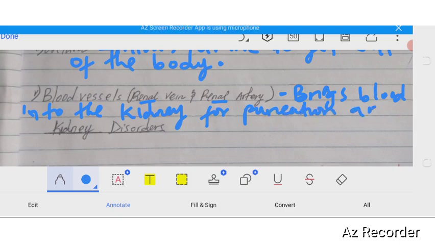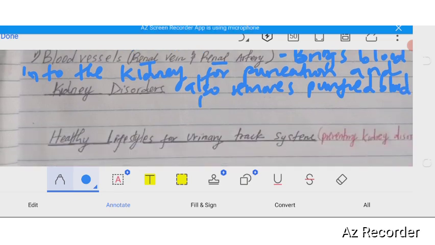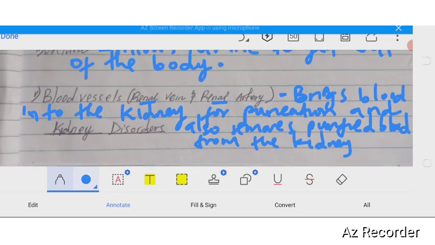The renal vein removes purified blood from the kidney.